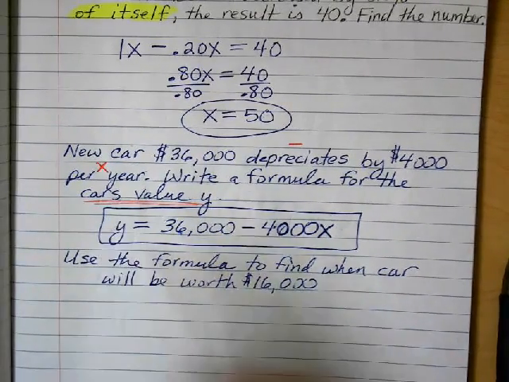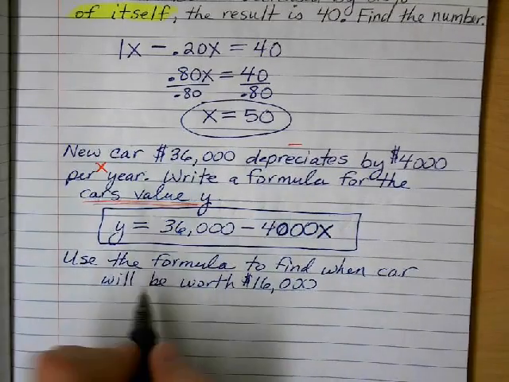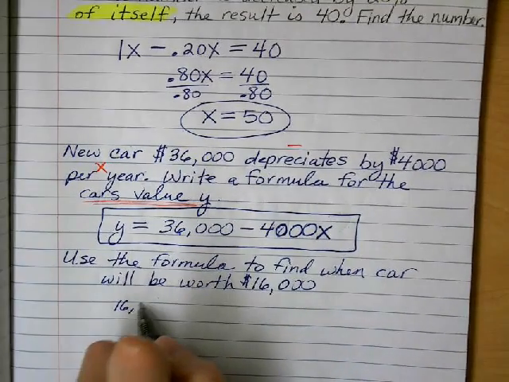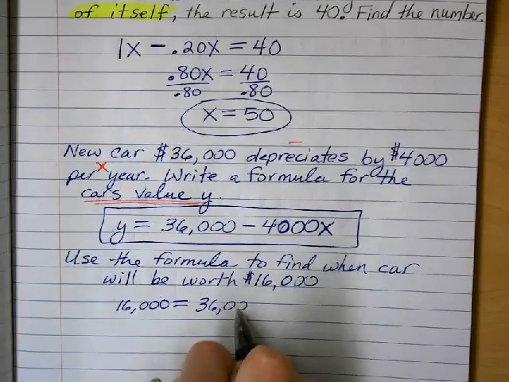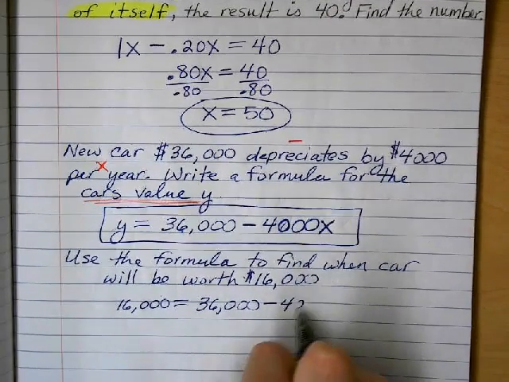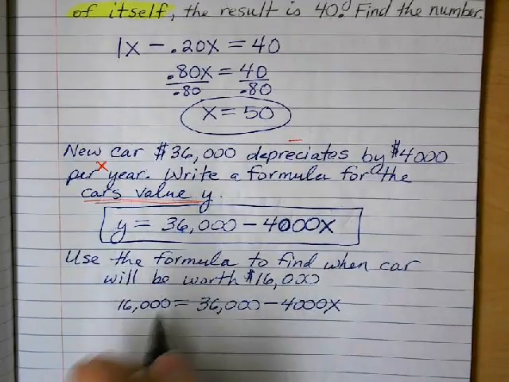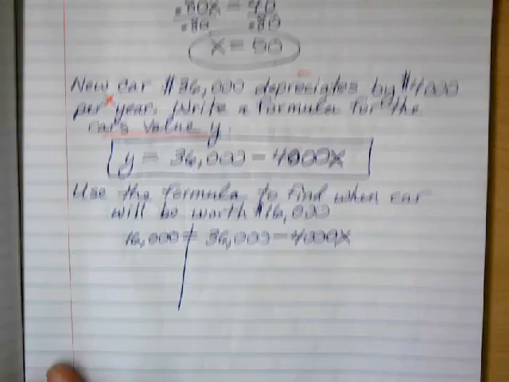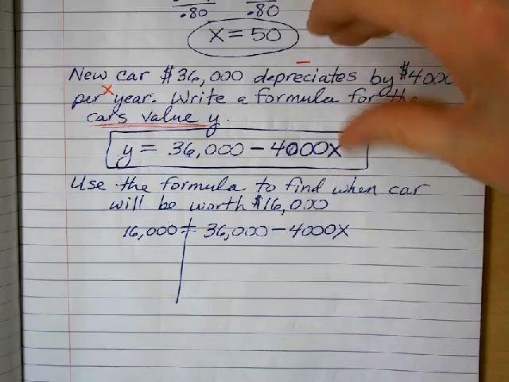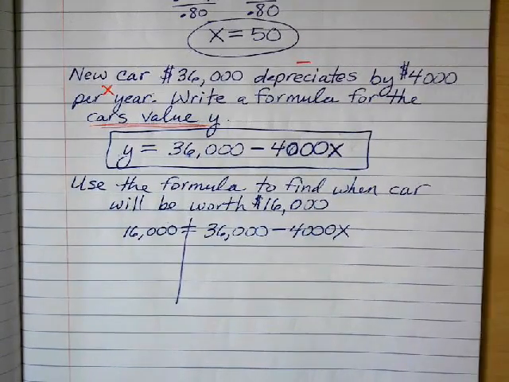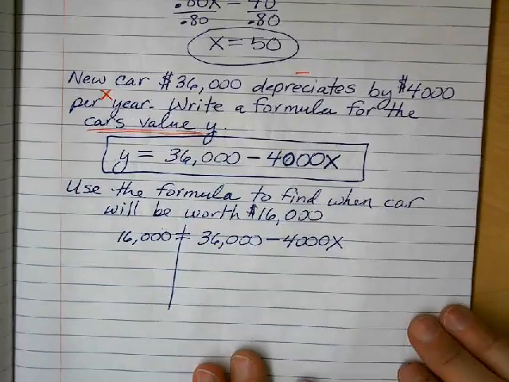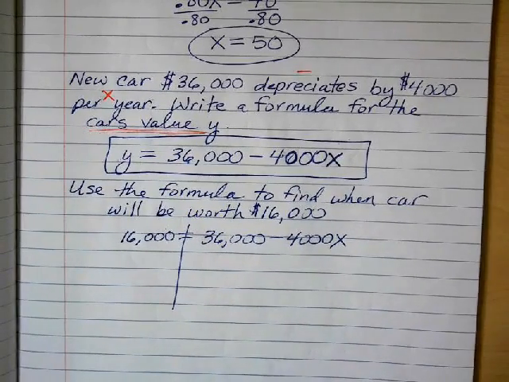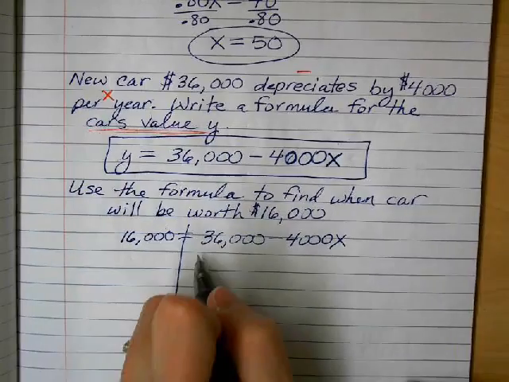So you put 16,000 for the y. Good job. 16,000 equals 36,000 minus 4,000x. So it'll be part A, set up the formula, then part B, use the formula to figure out things. So I'll have to subtract the 36,000.